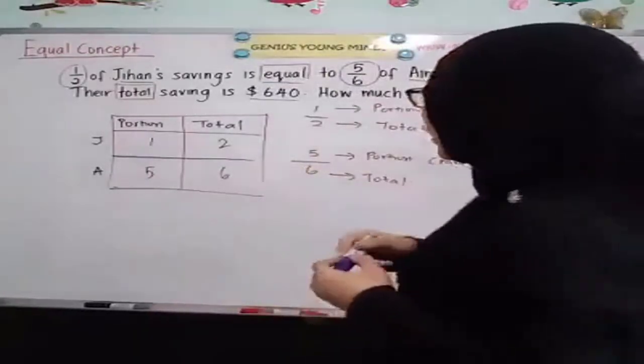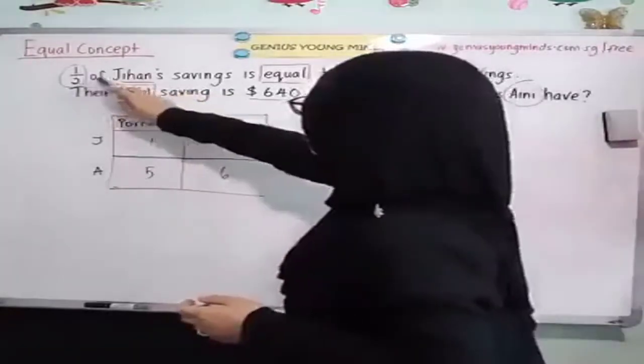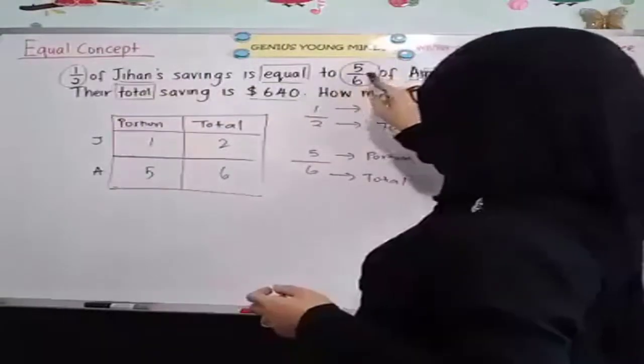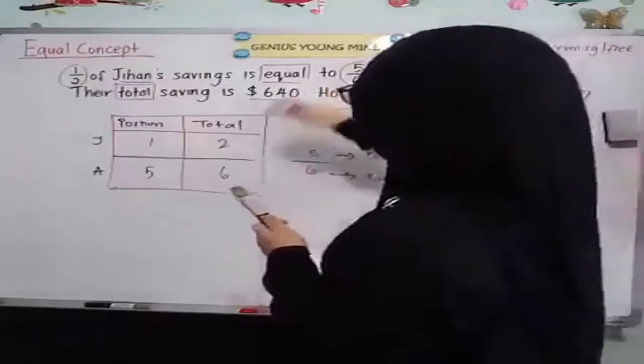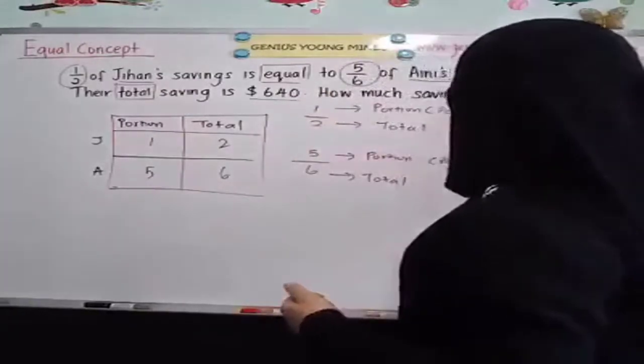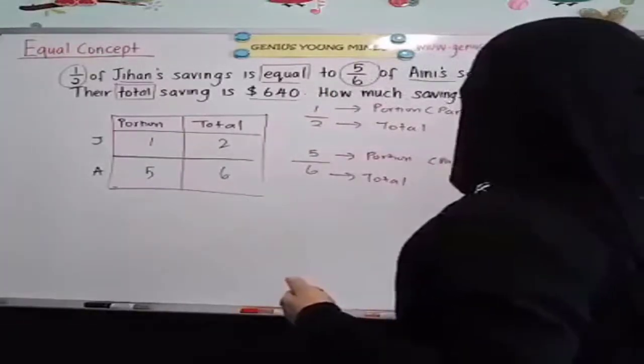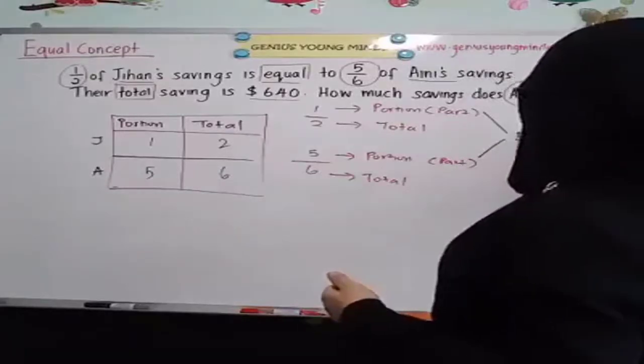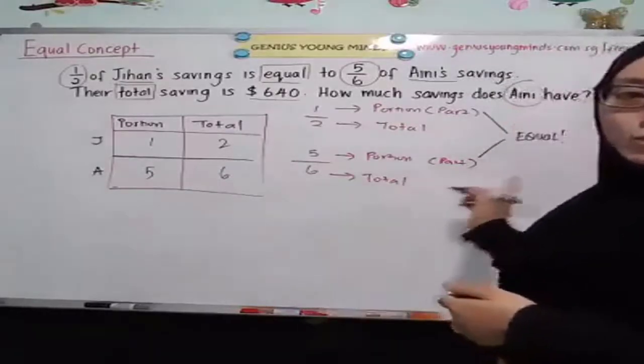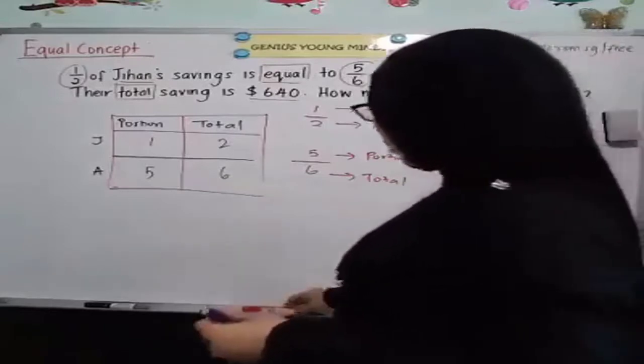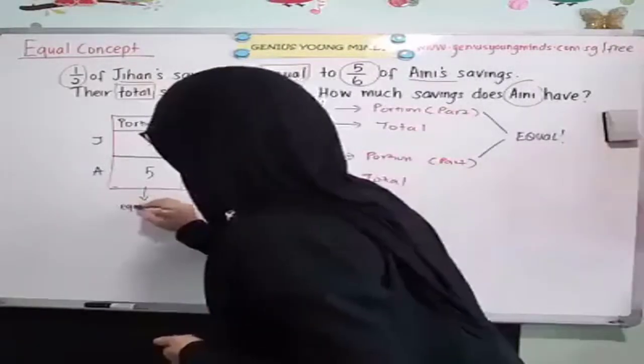Now the question says 1 over 2 of Jihan's saving is equal to 5 over 6 of Aini's saving. Equal means the portions must be the same, so the numbers in these boxes must be equal.